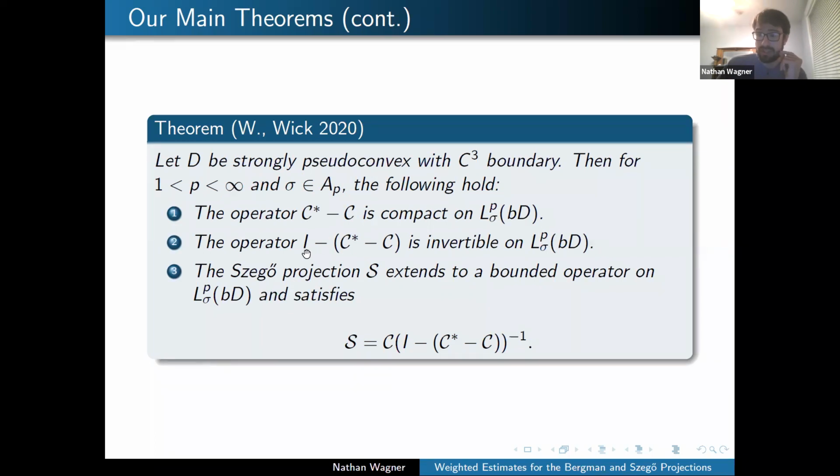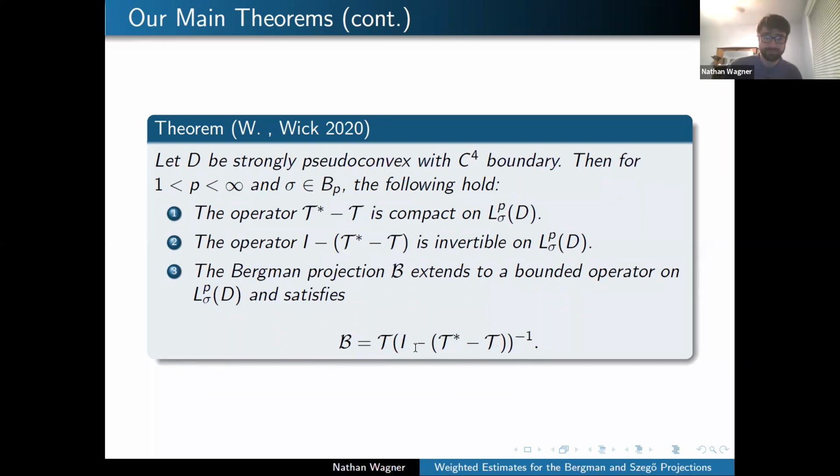We can also show that the identity minus C star minus C is invertible on weighted LP. And then, of course, you can write down this formula for the extension on weighted LP, and it's given as follows, right? You take the Kurzman-Stein equation and then invert that operator.